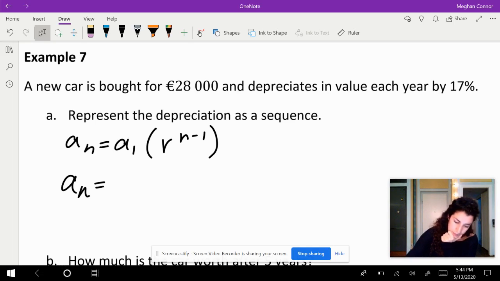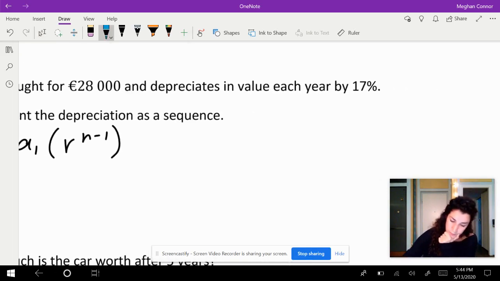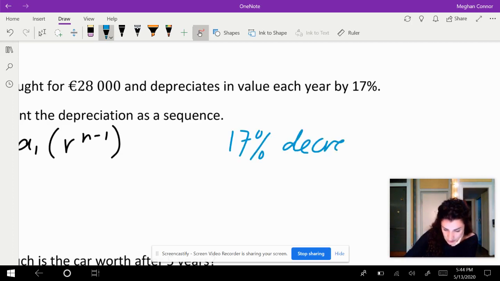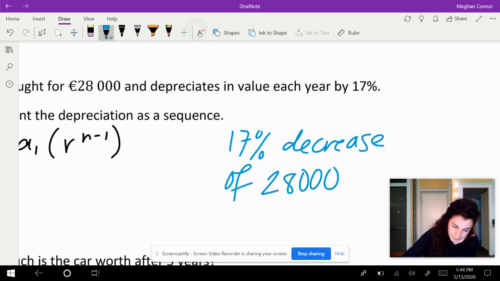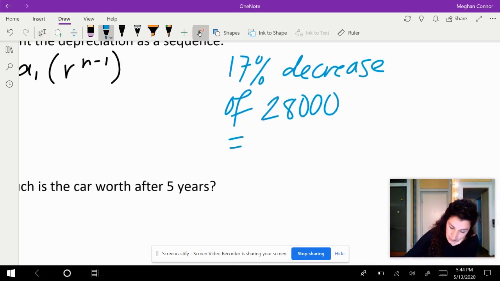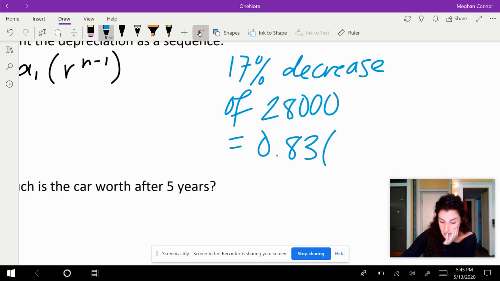Sorry, I know some of you are visual. I'm visual. 17% decrease of 28,000 is equal to 0.83 of 28,000.